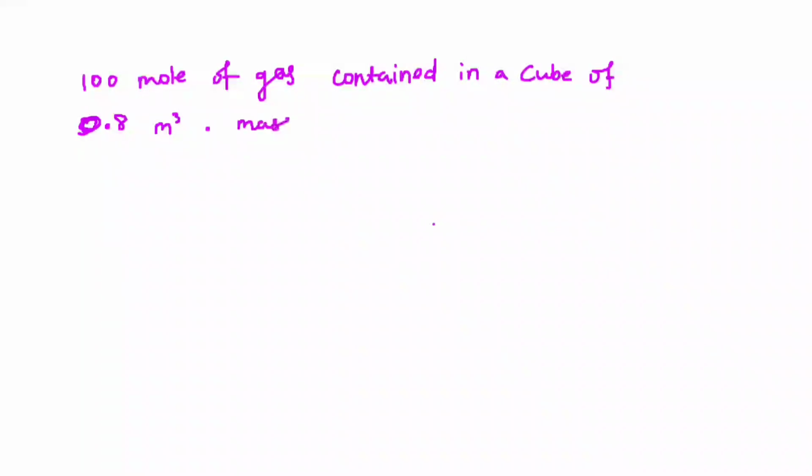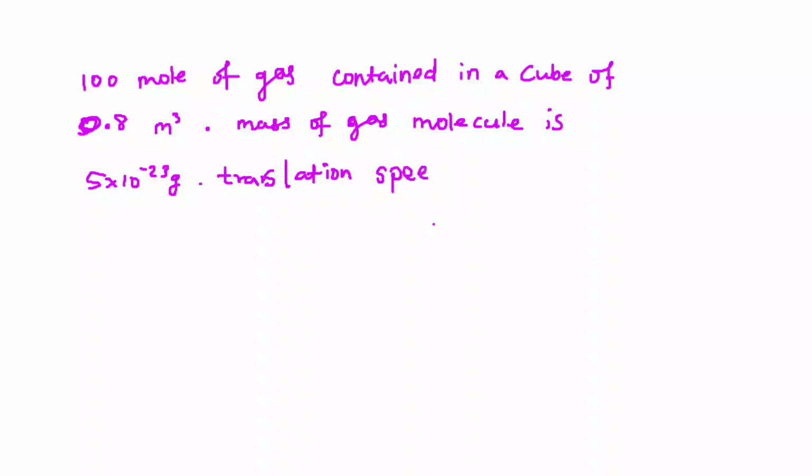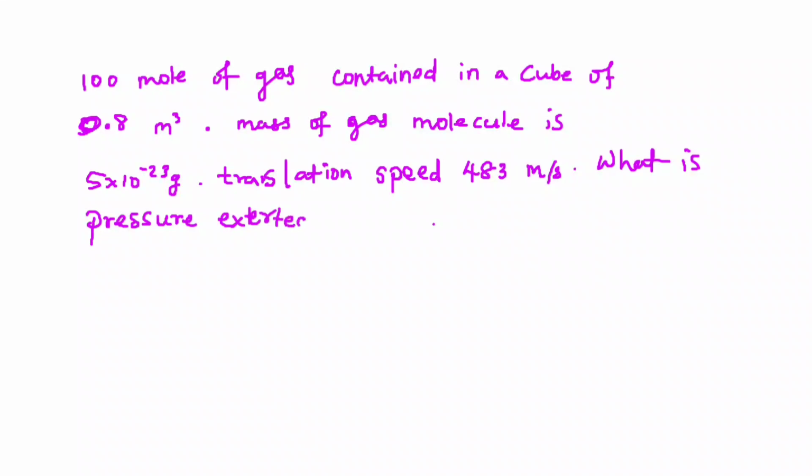Then the mass of a gas molecule is given as 5 into 10 power minus 23 gram, and the translational speed is also given, which is 483 meter per second. So the question is, what is the pressure exerted by the gas? This is the first question. This is actually a very direct question.